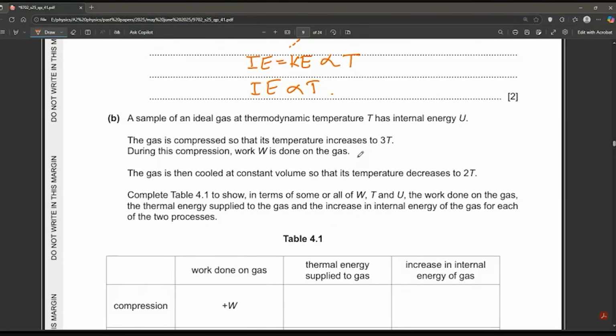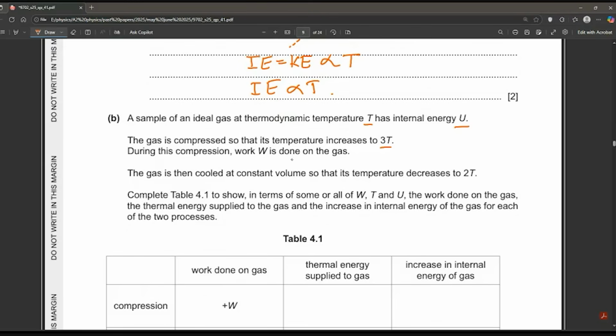Okay, let's see this. A sample of an ideal gas is at thermodynamic temperature T, has internal energy U. The gas is compressed so that its temperature increases to 3T.